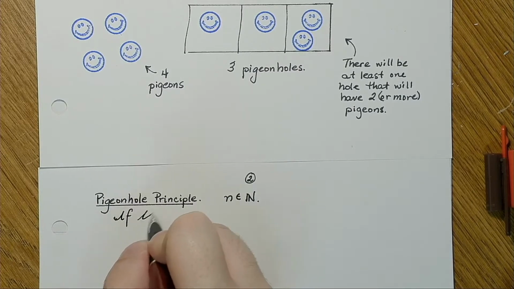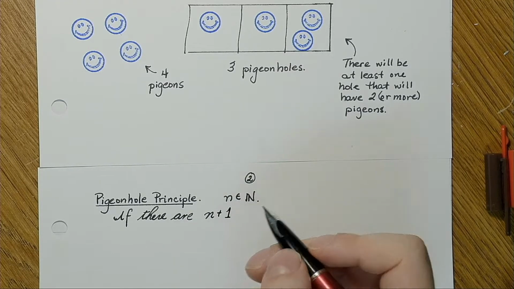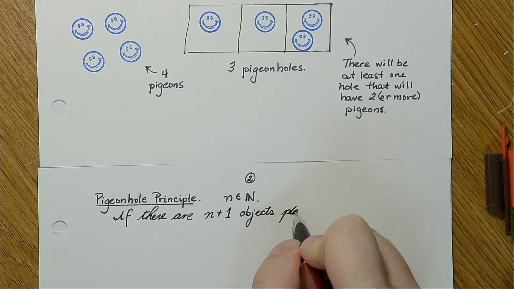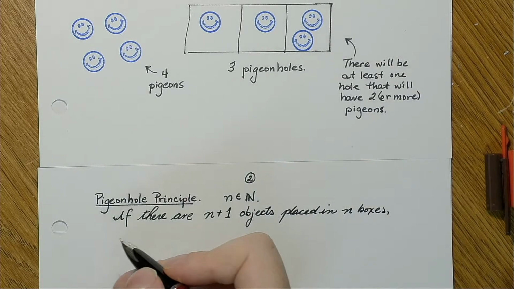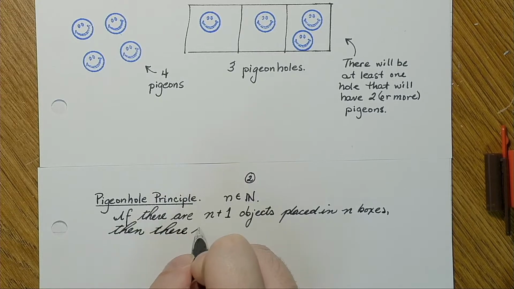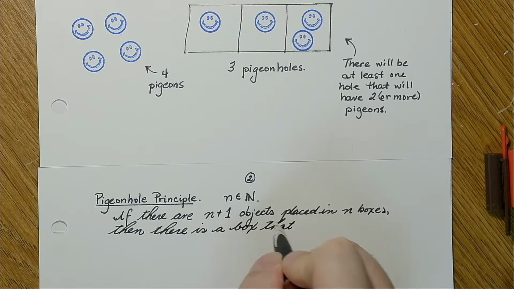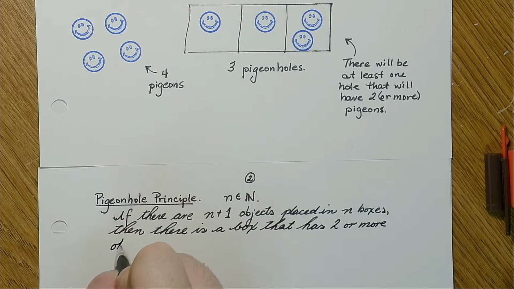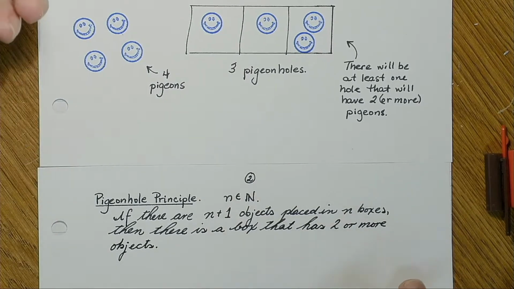If there are n plus 1, so 1 more object than boxes, so n plus 1 objects placed in n boxes, then there's a box with at least 2 or more objects. Okay, so that's the pigeonhole principle.